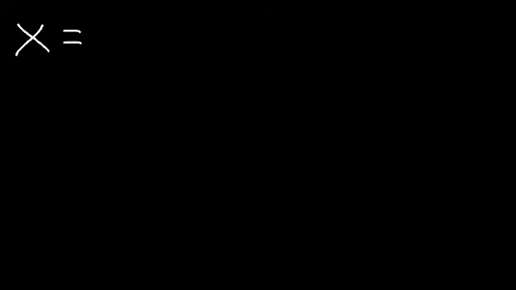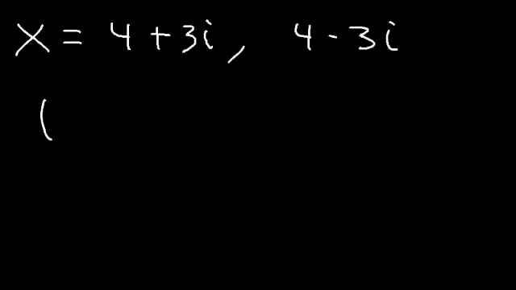Now, let's say you're given one of two imaginary solutions, let's say 4 plus 3i, and you want to write the equation. First, you need to find the other imaginary solution, which is going to be the conjugate, 4 minus 3i. So how can we write these two numbers in factored form? So here's what you need to do. Notice that you have a plus 4. Change the sign of 4, and it's going to be minus 4.